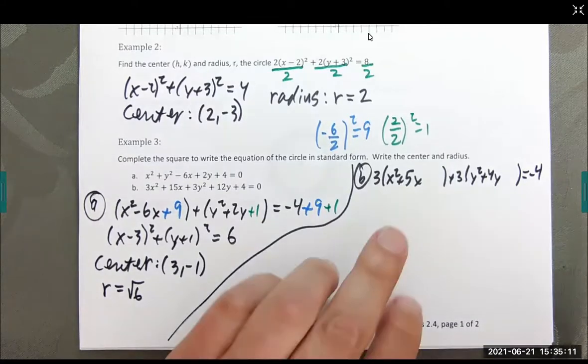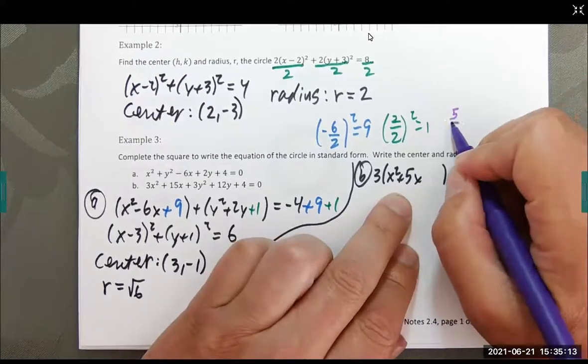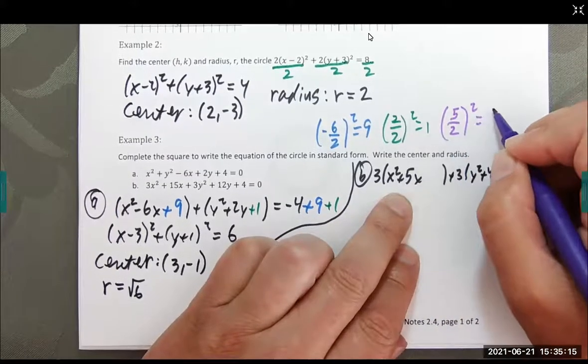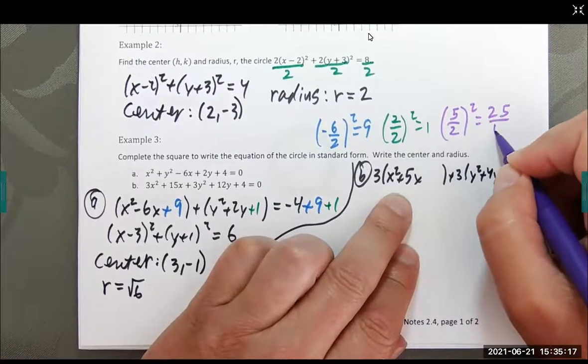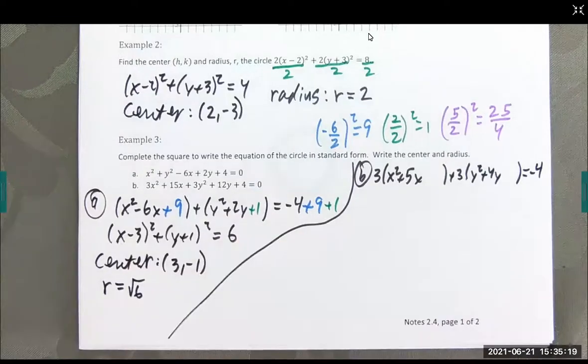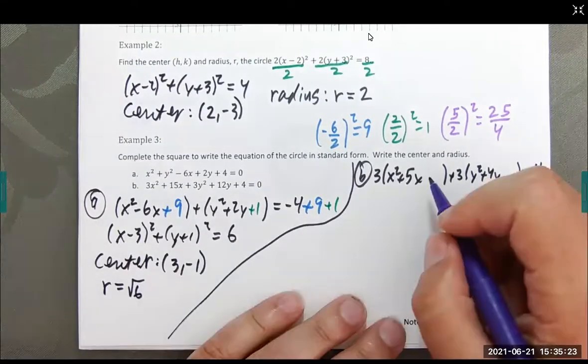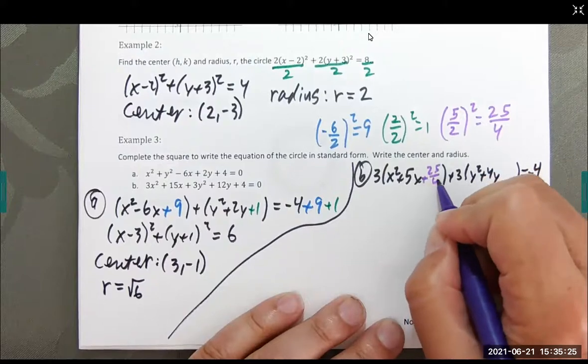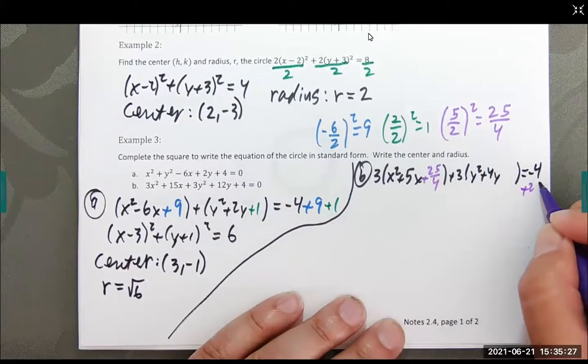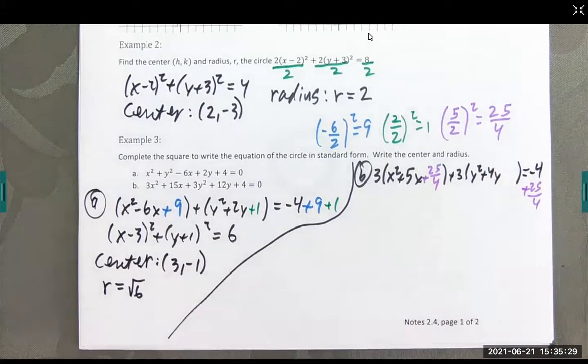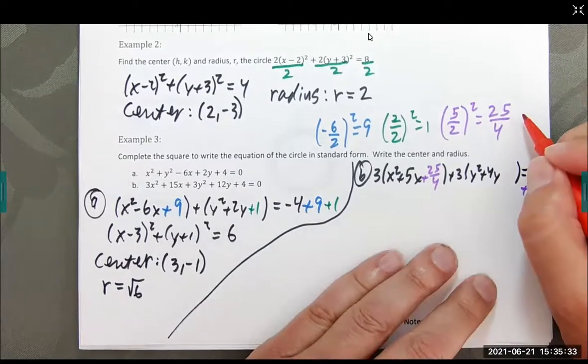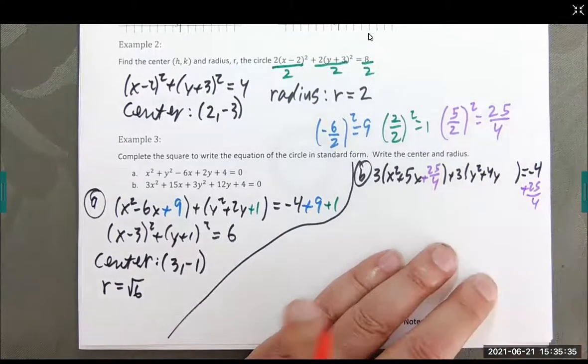Take that 5 there, cut it in half, and square it. It's going to give me 25/4. So I have to actually add 25/4 plus 25/4. This last one's no big deal. I'm going to take the 4.